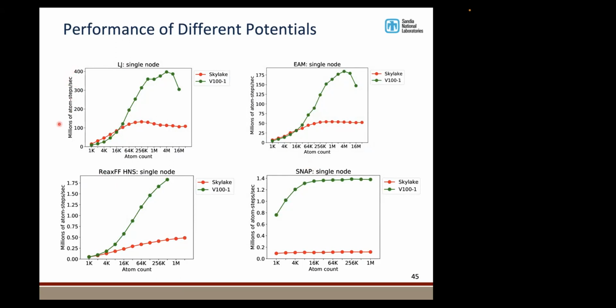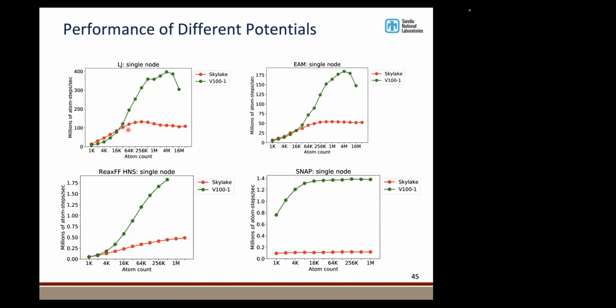So on the left, this is performance in millions of atom steps per second. So how many atoms times how many time steps in a second can you run? And then you're looking at increasing atom count. So like I said before, this is a full Intel Skylake CPU node, so 36 cores, or a single V100 GPU.